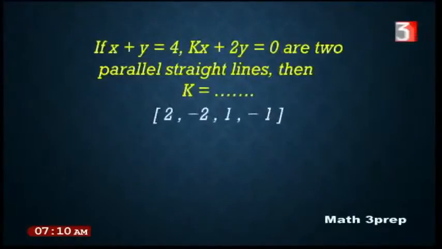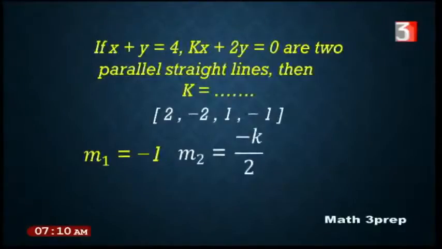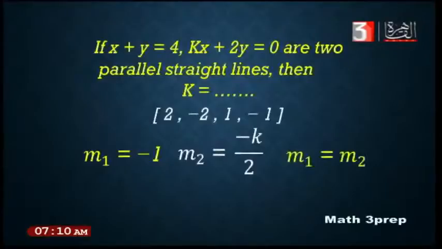So m1 equals -1. What about the slope of the other line? Yes, it is symbolized as m2. Then m2 equals -k over 2. As the two straight lines are parallel, their slopes are equal, so m1 equals m2.